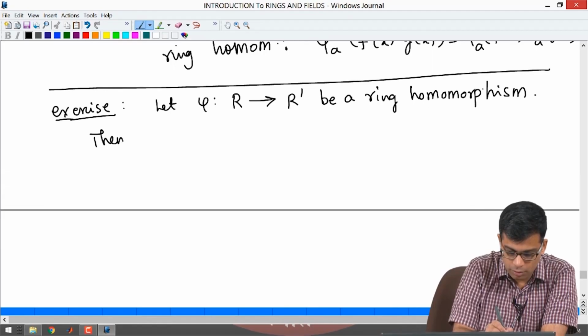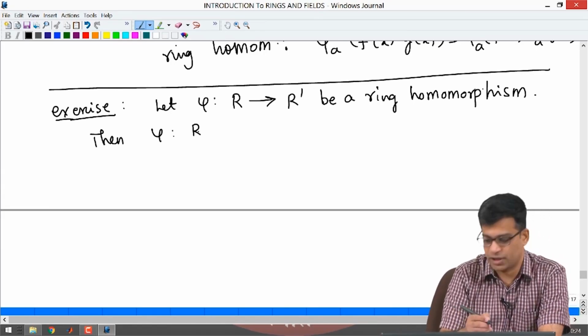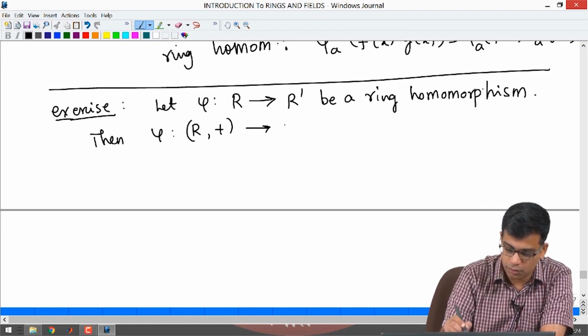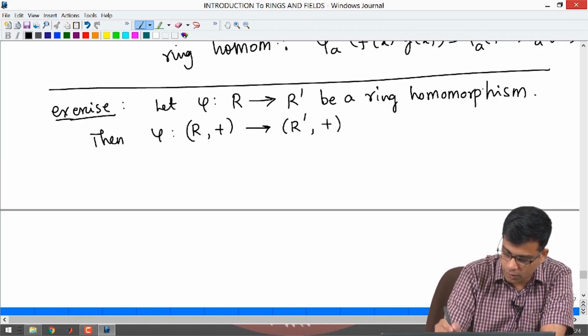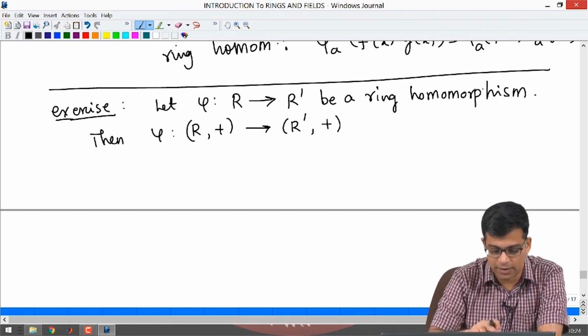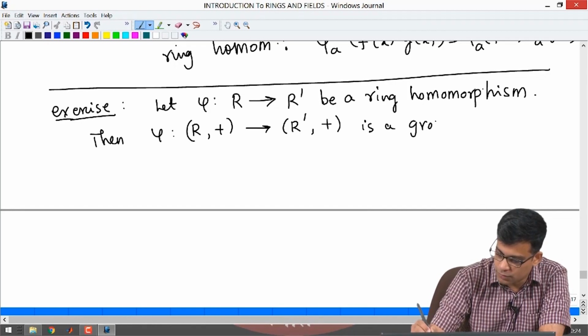Then if you simply look at phi, forgetting the multiplicative structure, in other words just looking at the additive groups of R and R prime, then phi from R to R prime as a function of the additive groups is a group homomorphism.